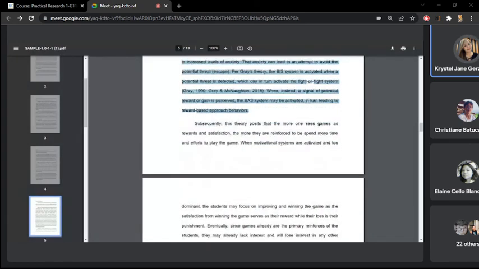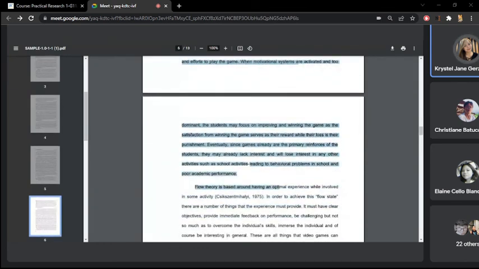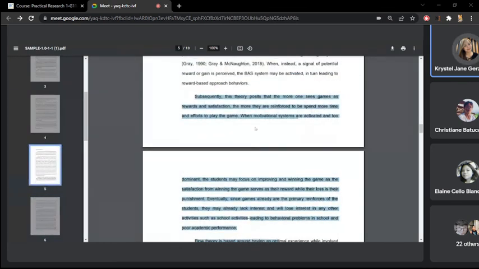And then in the second paragraph, this is where it discusses it. Subsequently, the theory posits that the more one sees games as rewards and satisfaction, the more they are reinforced to spend more time and efforts to play the game. When motivational systems are activated and too dominant, the students may focus on improving and winning the game, as the satisfaction from winning the game serves as their reward, while their loss is their punishment.